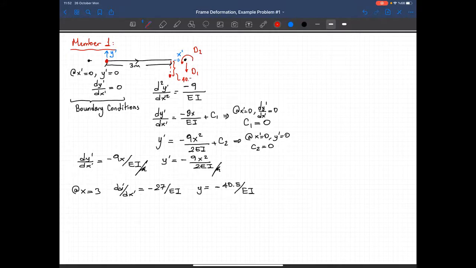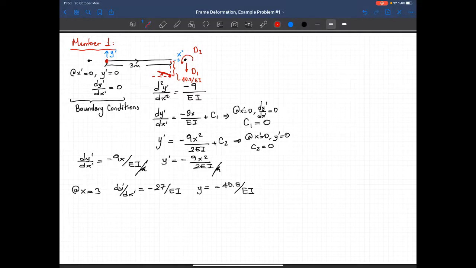And this distance is 40.5 divided by EI. And the slope at that point, that's the slope. And the magnitude of that rotation, it's minus, meaning that it's in the minus z direction, or in other words, it's in the clockwise direction.